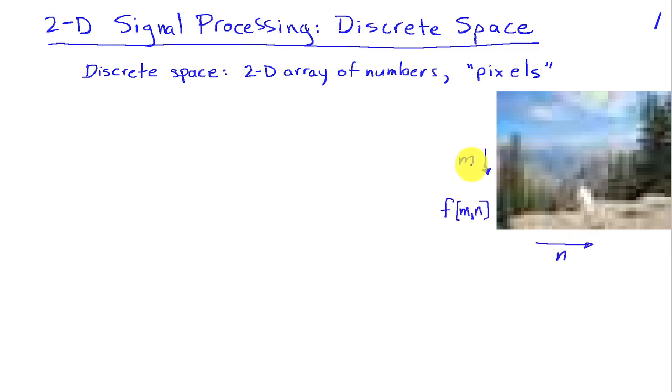So in the discrete space case, we're going to index our pixels according to rows, the m variable, and columns with the n variable. We'll describe the value at a particular pixel m, n as the function f. So this is defined over the surface m, n.